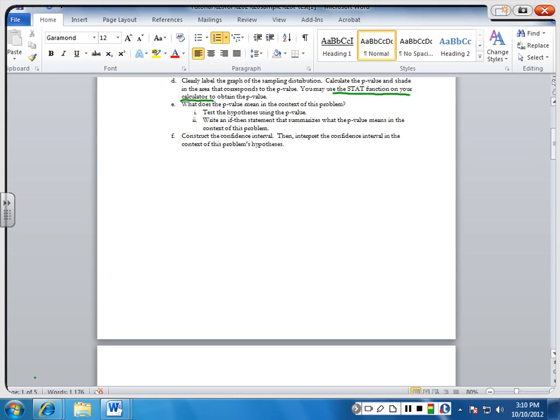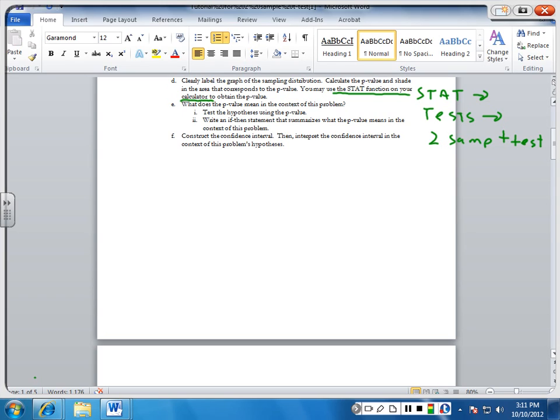To do that, and I'll have a little handout in a separate place that you can look at, you'll do stat, tests, two-samp t-test, and then you'll just fill in the values on that screen and go down and hit calculate, making sure that you hit not equal to when you get down to the greater than, less than, or not equal to, and that when it asks you for pooling, that you say yes, because we are using the pooled variance in this problem.